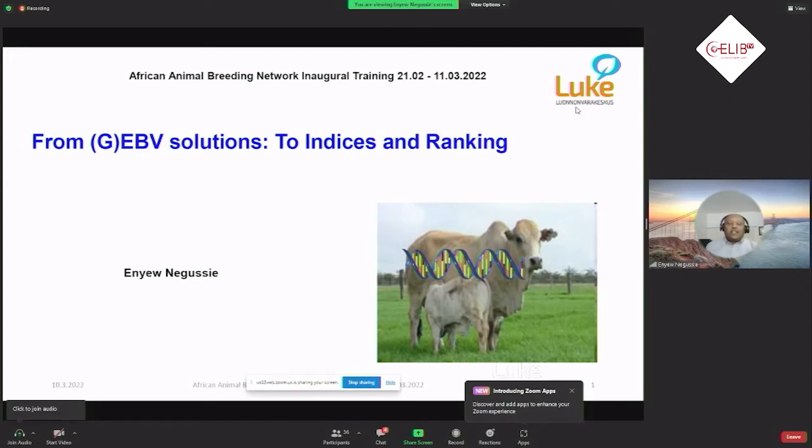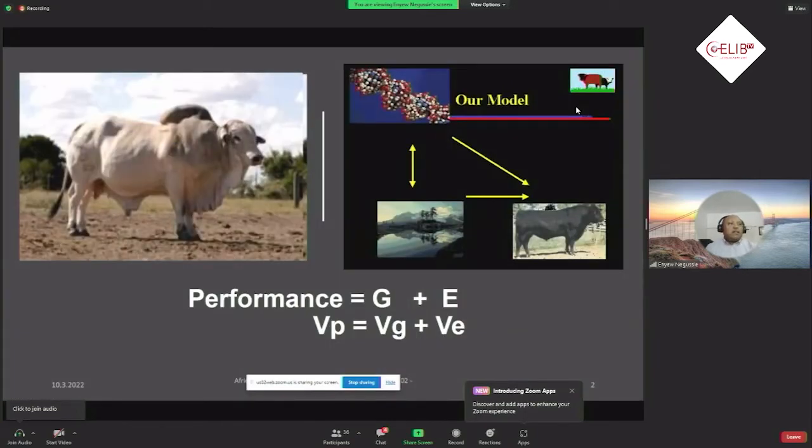This is sometimes challenging because of various environmental effects like heat, disease prevalence and other things that also affect the performance of the animals, the performance of the organism. From our theory, the performance of any organism, be it a plant or animal, has two main components, the genetic and the environmental, and the covariance between the two. So we get the phenotypic variance, which is the sum of the genetic variance plus the environmental variance.